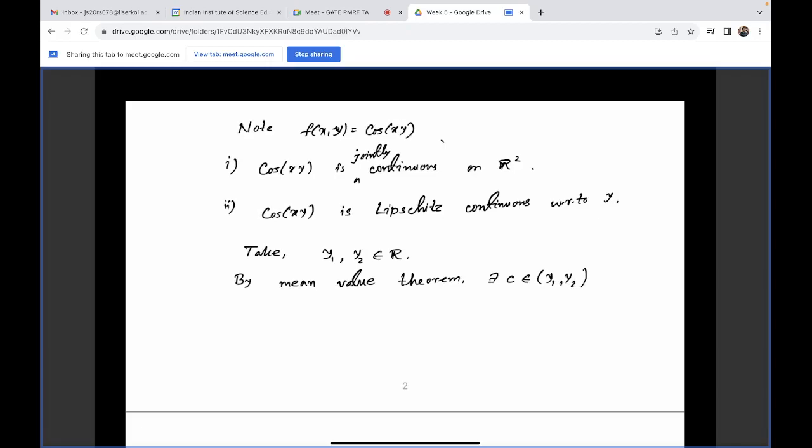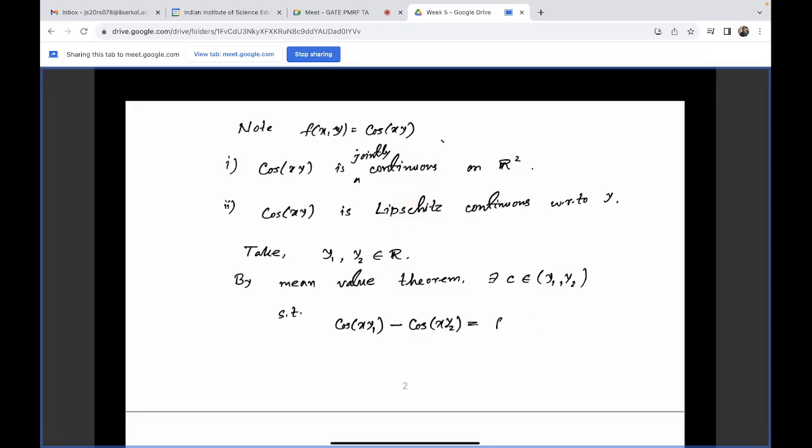such that cos(x y1) minus cos(x y2), in modulus, is less than or equal to the derivative of cos(xy) with respect to y at the point c.